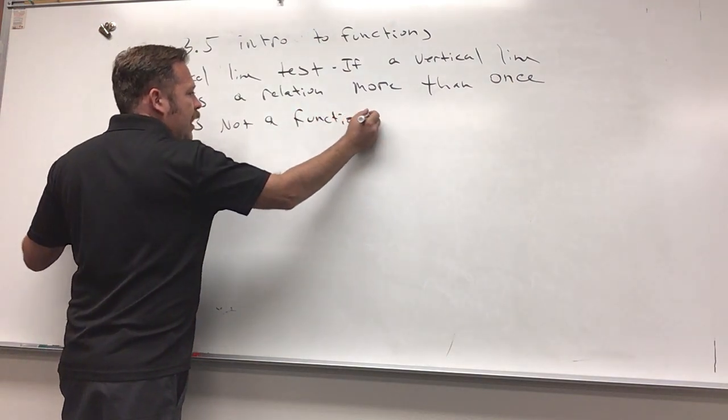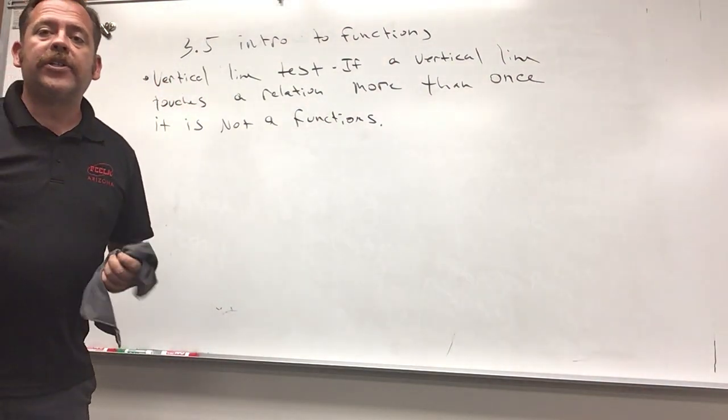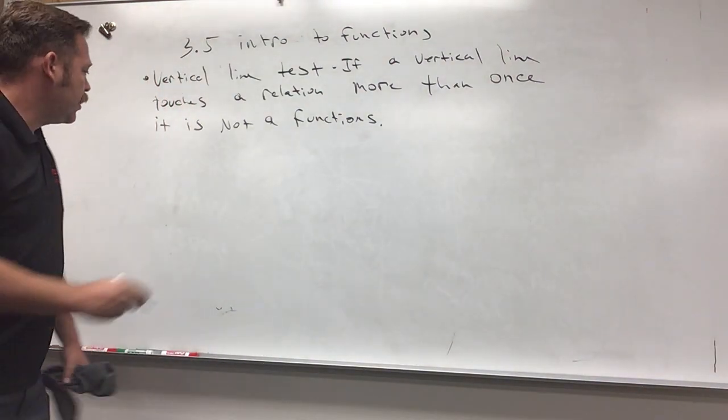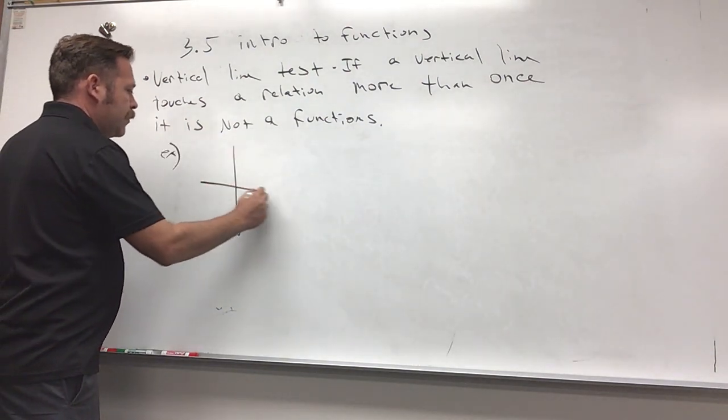So this test works when you have graphs of a relation. You want to determine if it's a function. So let's try it out. I'm just going to put a few examples up.